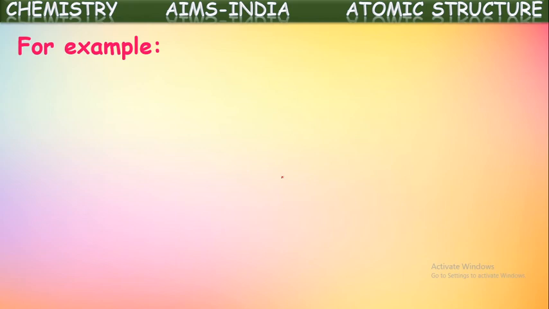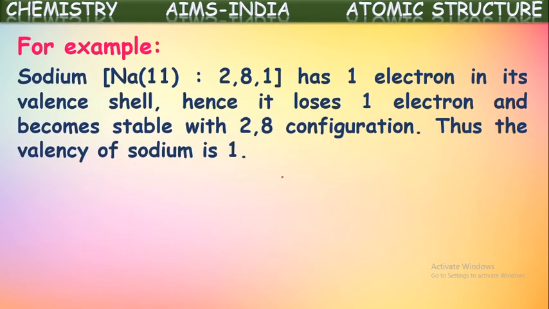For example, let us take some examples so that we can understand easily. If you see sodium, its atomic number is 11 and its configuration is 2, 8, 1. How many electrons are there in the valence shell of sodium? Valence shell means last shell. In the last shell, sodium has only 1 electron, so it has less than 4 electrons. Hence, sodium will be ready to lose this 1 electron and become stable with 2, 8 configuration.